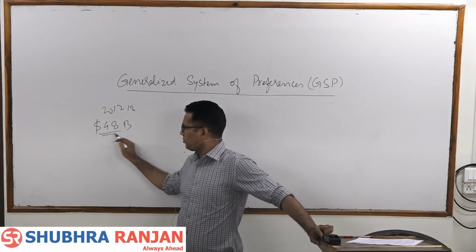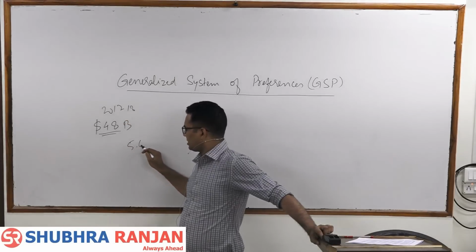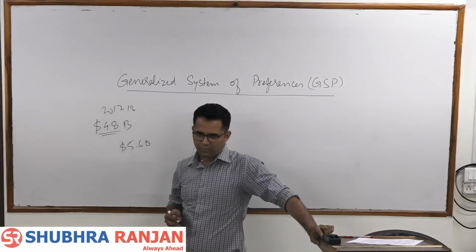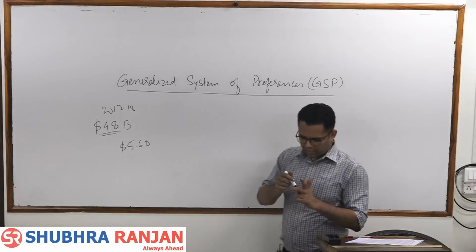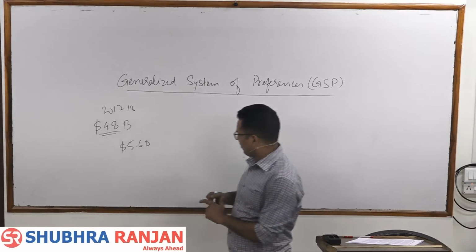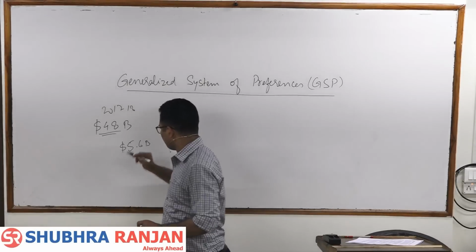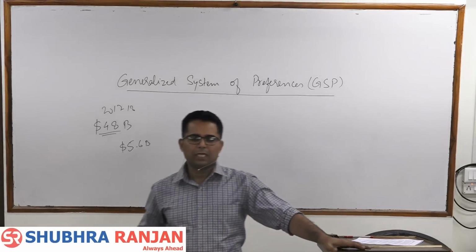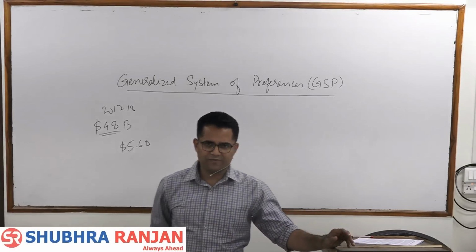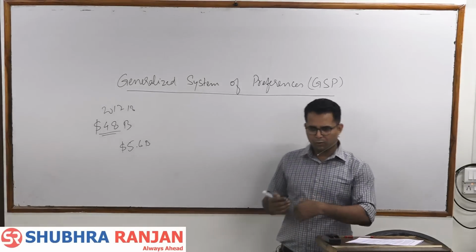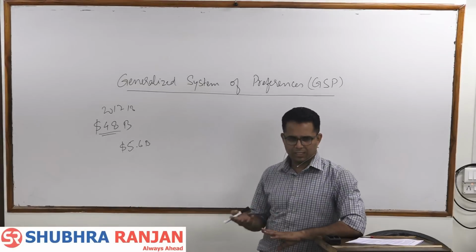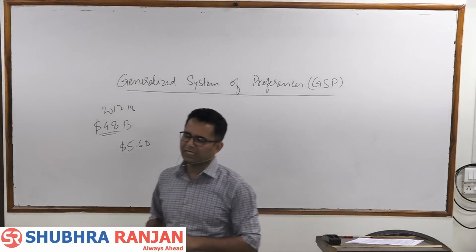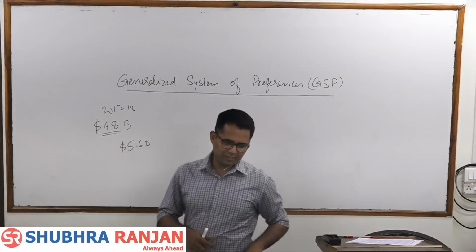Out of this export, around $5.6 billion was under GSP. These products were mainly animal husbandry products, meat, fish and handicrafts.